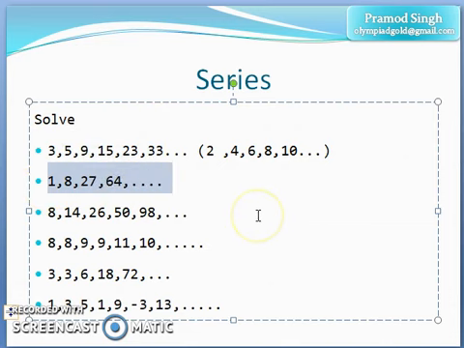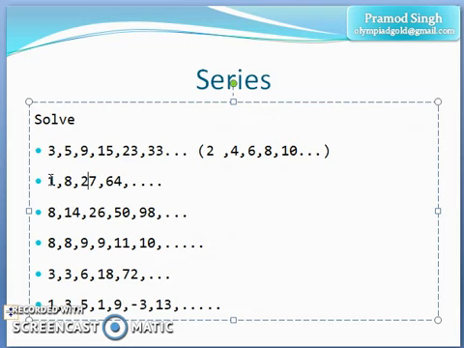1, 8, 27, 64. So it's increasing, but it is increasing at very high speed. Okay, the graph is very sharp. It cannot be a simple arithmetic.